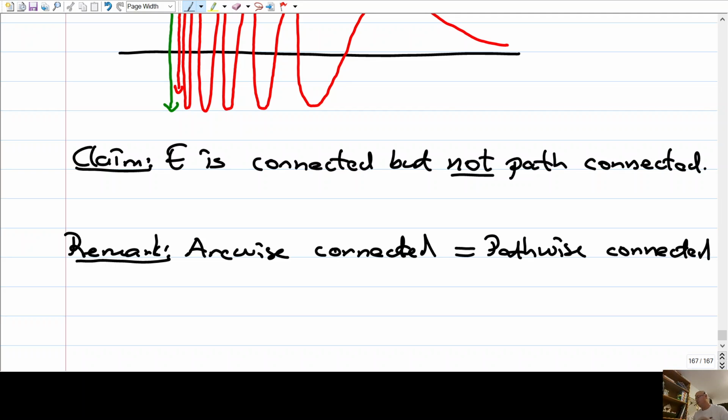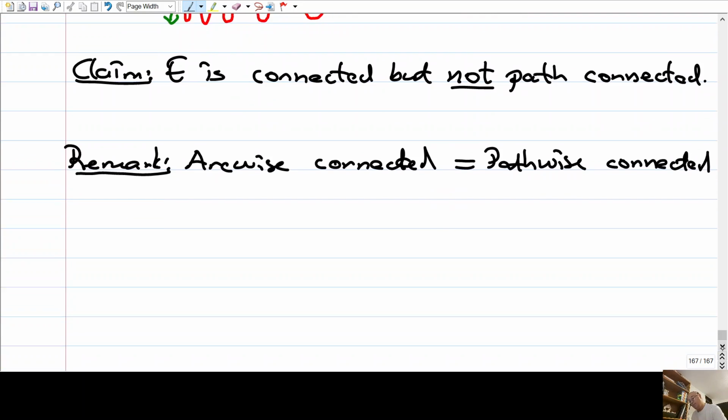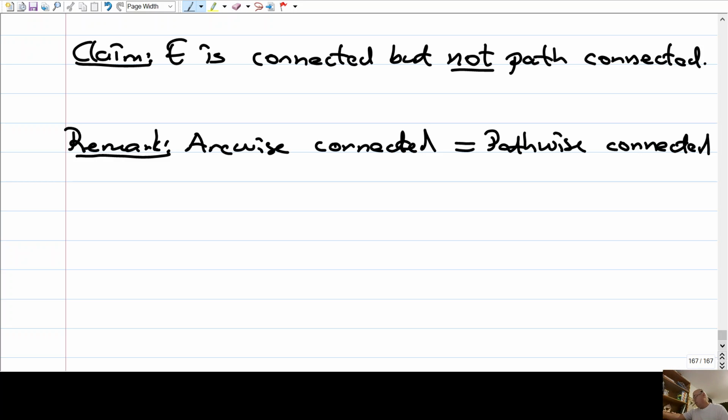Different authors use different adjectives.